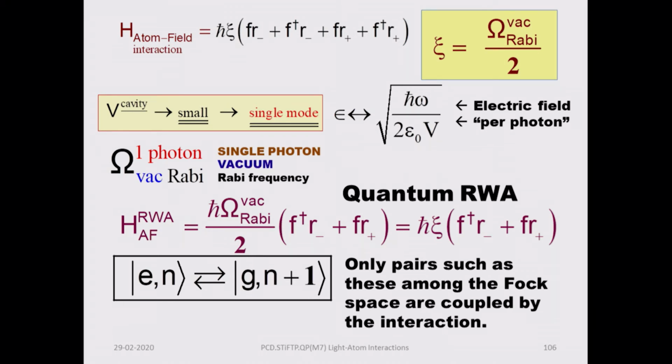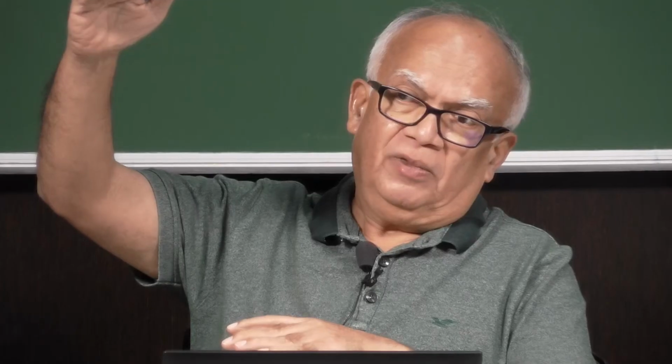Okay. So, now you can have in the radiation field any number of photons, 1, 2, 3, 4 and so on. But the only transitions which are possible are between neighboring Fock states, n and n plus 1, nothing else. Okay?